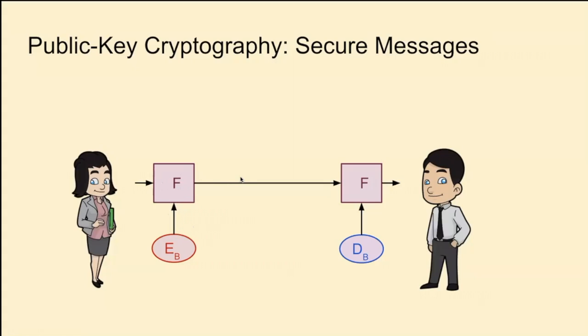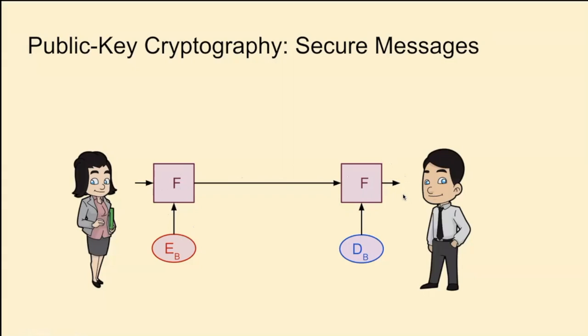That produces ciphertext, so gibberish that nobody can understand, until Bob puts that ciphertext and his secret or decryption key into the same function. And then, because the decryption key reverses the effect of the encryption key, the plain text comes back out for Bob to read.